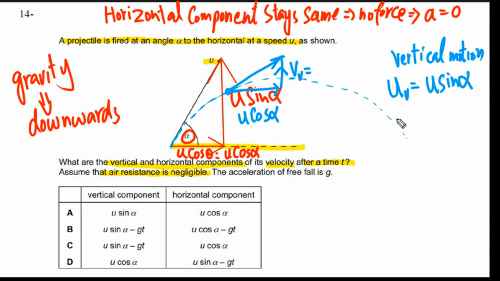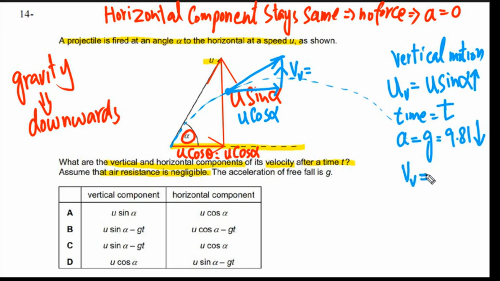After time t, the time is given, small t, and a is also given. a is equal to g, because there is only one force acting, that is gravity, equal to 9.81, as the acceleration is acting down but the initial vertical velocity is acting up. Now what we need to find is the velocity after time t.